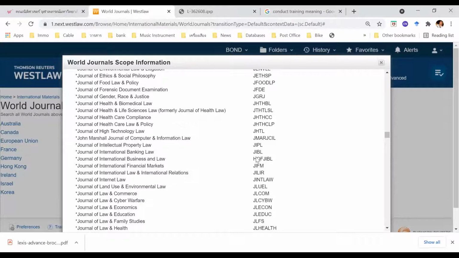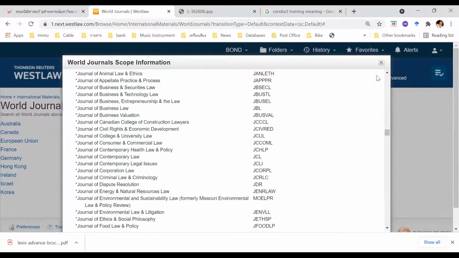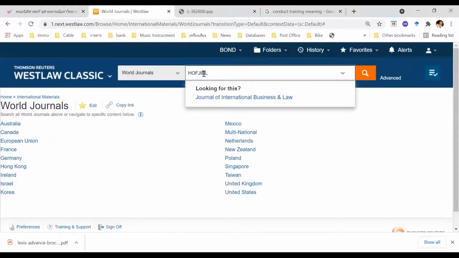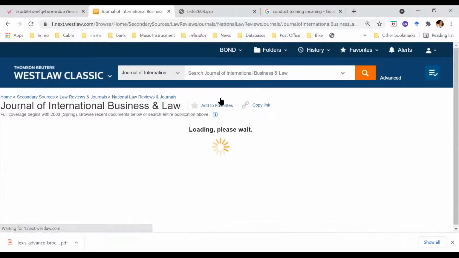This is the abbreviation of this journal. You can start searching only that journal, searching within only that journal. You just copy it, go back to the global search box and start searching the journal's abbreviation.